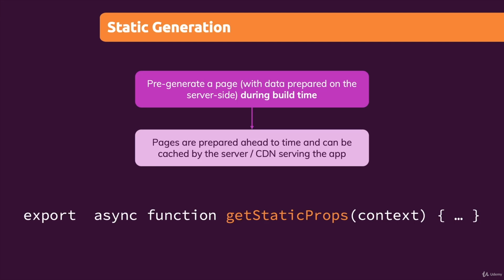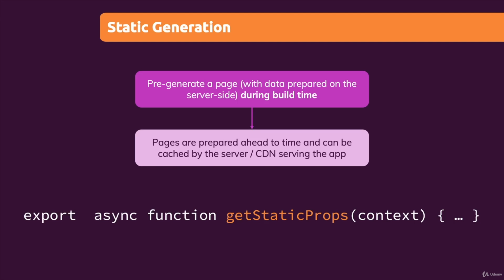So in that function, you don't run client-side code, you're not restricted to that, and you don't have access to certain client-side APIs, you don't have access to the window object, for example, but instead you can run any code you want that normally would only run on the server side.